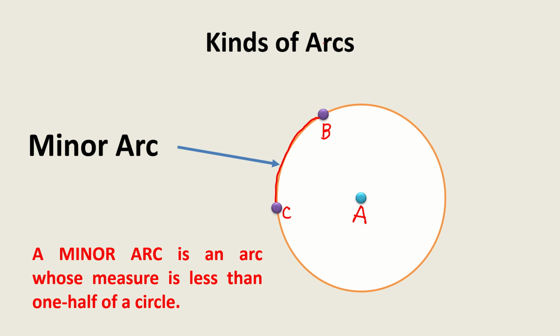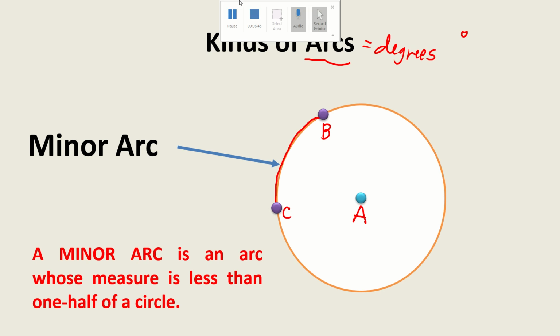Take note, grade 10, that arcs in a circle are measured in degrees. A protractor covers half a circle, which is 180, so putting two protractors together forms one whole circle. And what is the measure of a whole circle? A whole circle is 360 degrees.